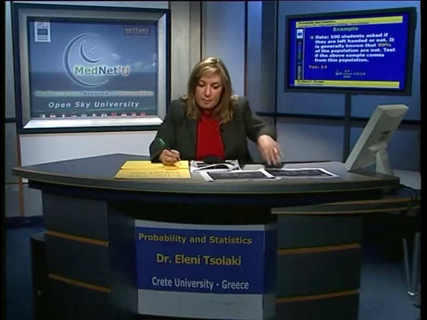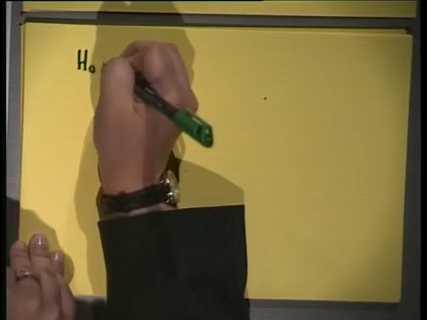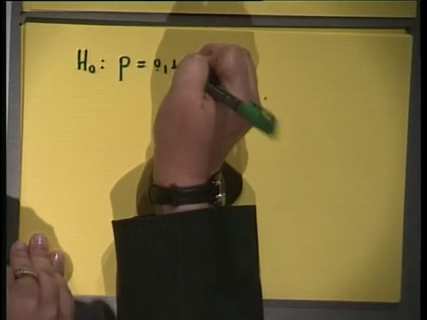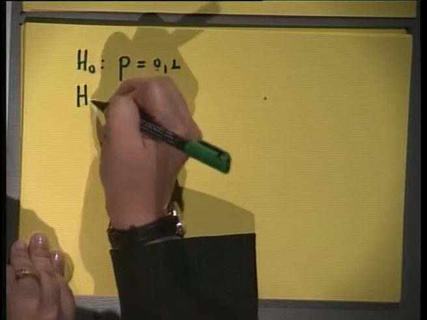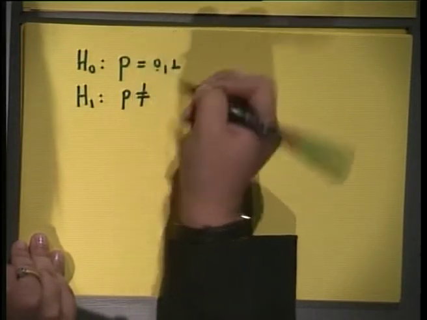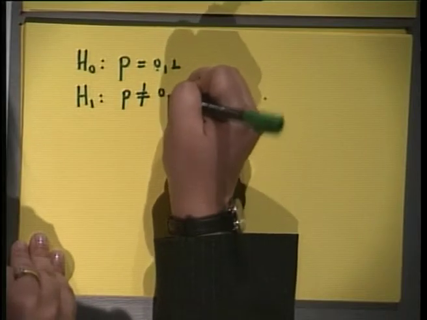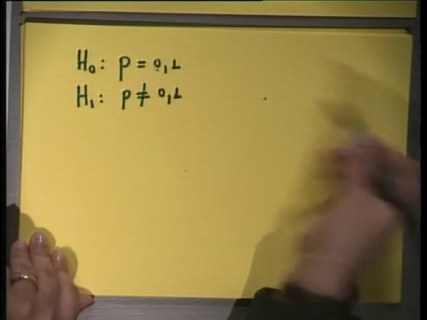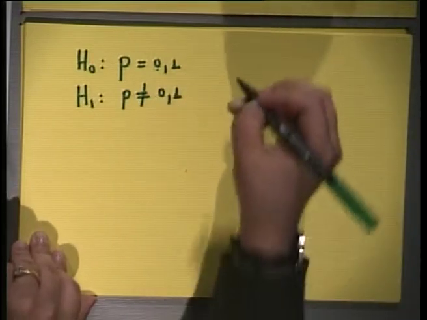For this example, our null hypothesis is that the proportion is 0.1. Our alternative is two-sided. We have nothing to tell us to test one side or another, so we use a two-sided test.